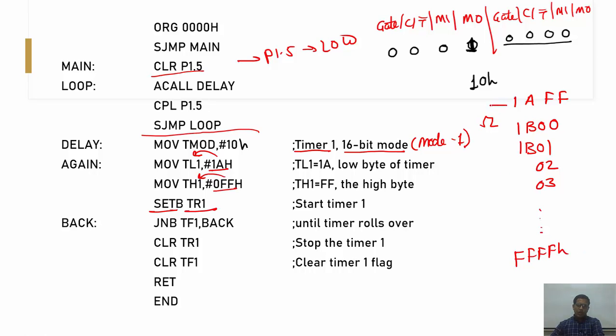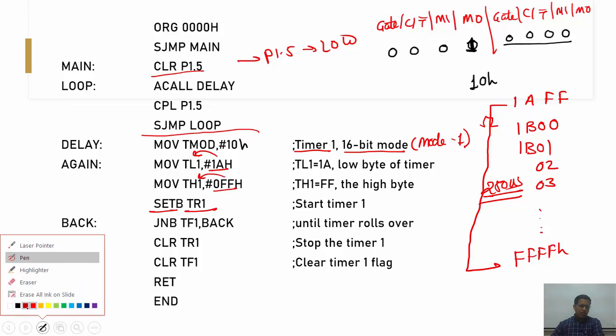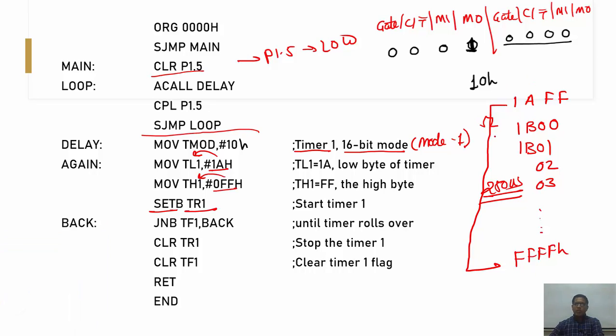The time from 1A to FF is the total 250 microsecond time. Now we have to wait. Why do we have to wait? Because only when the overflow occurs can we say that the total 250 microsecond delay has been provided by the program. From the initial value up to the final value, the status of the TF1 flag is 0.